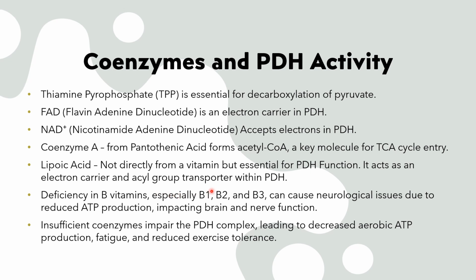So this deficiency of these vitamins will impact the function of pyruvate dehydrogenase, and in turn will impact brain and nerve function. Also, insufficient coenzymes in the pyruvate dehydrogenase complex will lead to reduced aerobic ATP, and this will present with symptoms such as fatigue and reduced exercise tolerance. So we can see these vitamins are very important for the functions of pyruvate dehydrogenase and in turn energy production.